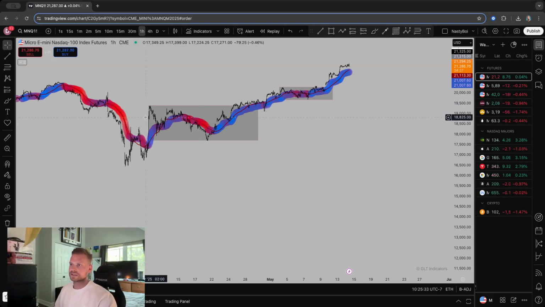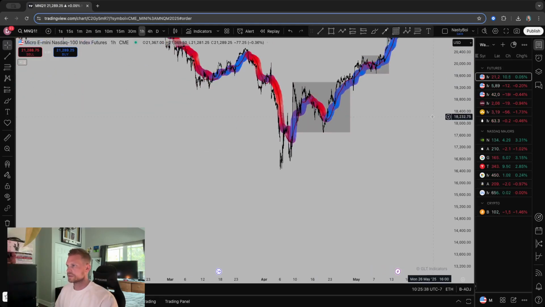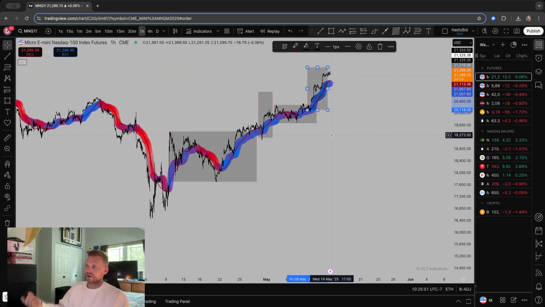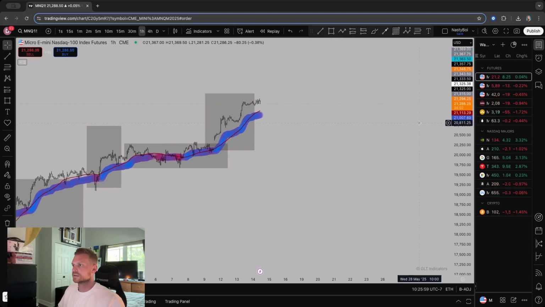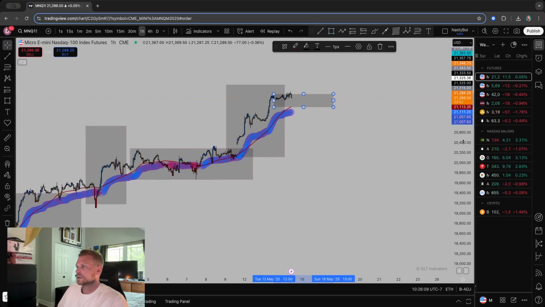So this is what I call a stage one into a stage two delivery. Okay, stage one being sideways, stage two being up, stage one going sideways, stage two being up, right? So now that we know that the market moves in two stages, which is stage one, stage two, we can assume that the price action for today, which was not the greatest price action, is probably because we are heading into a stage one, right?